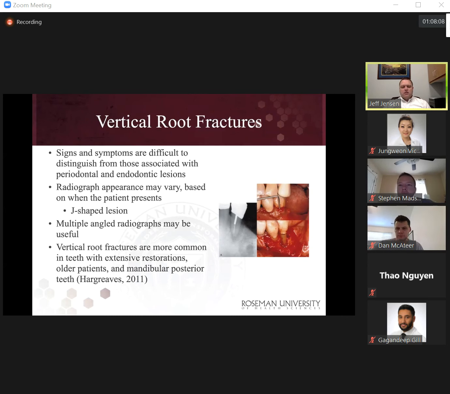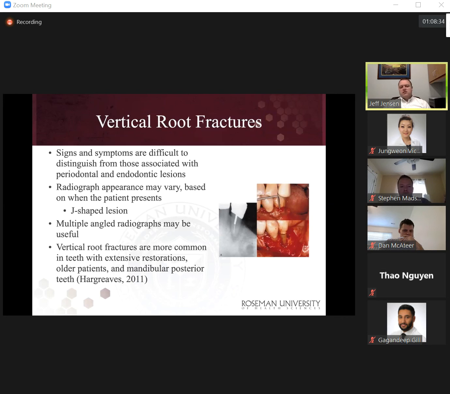Typically, we've found that these fractures are more common in teeth that have extensive restorations. Okay, they've got big amalgams, or they've got an old crown. A lot of times we'll see a root canal treated tooth, so they've had a previous root canal, which can weaken the tooth slightly.